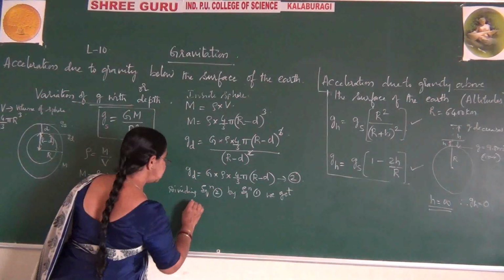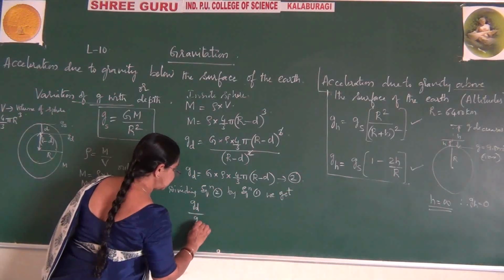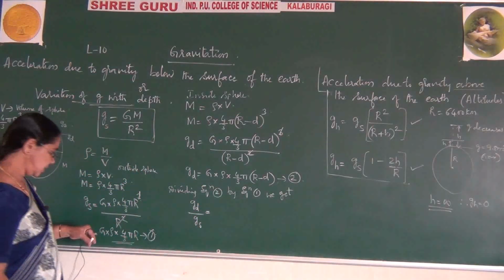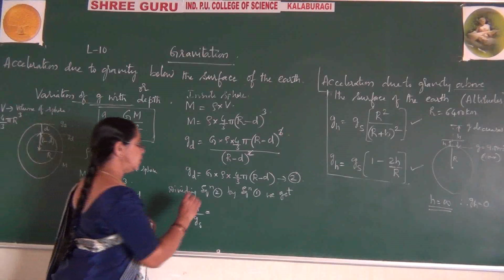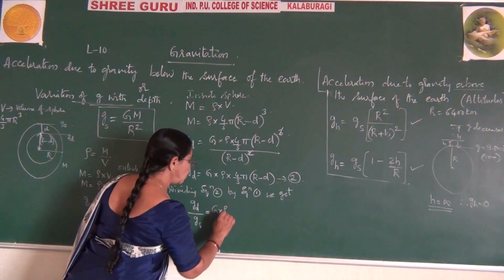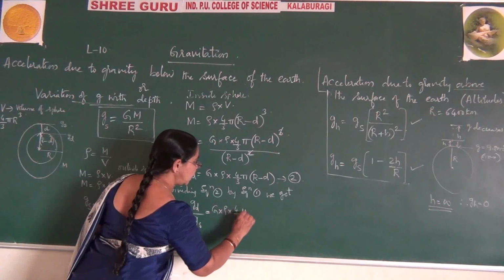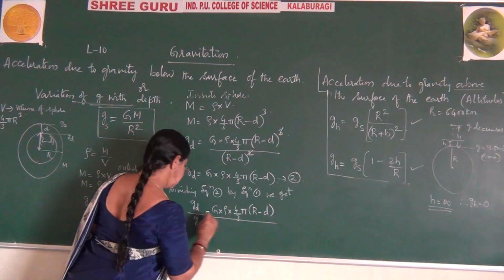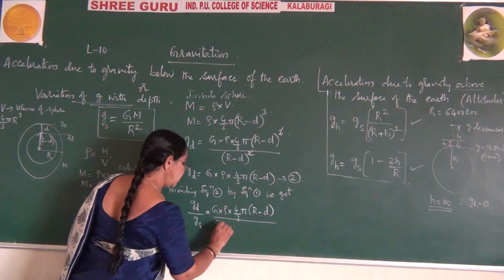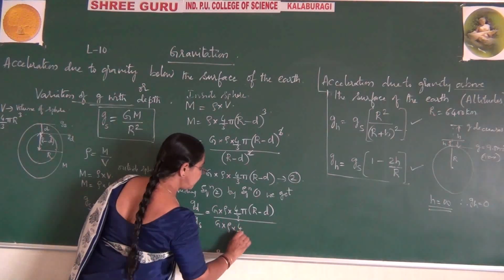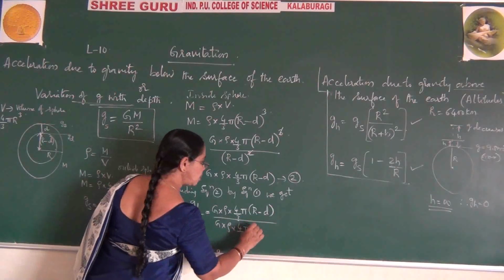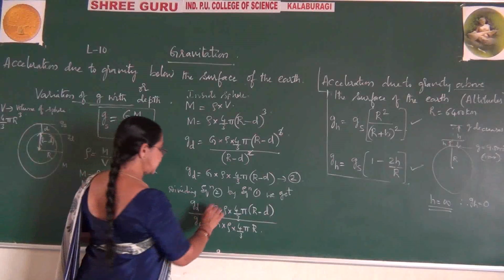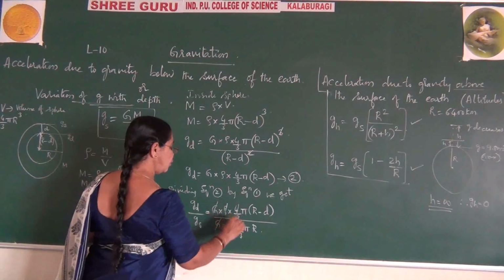Now let me write g_d by g_s. Equation 2 is this one. Equation 1 is g_s. Right? Now if I substitute, then G into rho into 4 by 3 pi (R minus d) divided by again G into rho into 4 by 3 pi into R, which is equation 1. Now you can just cancel this G, rho, 4 by 3 pi.